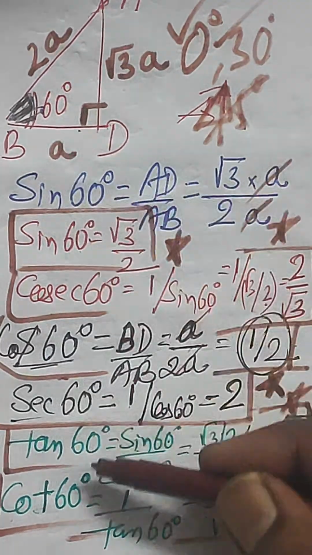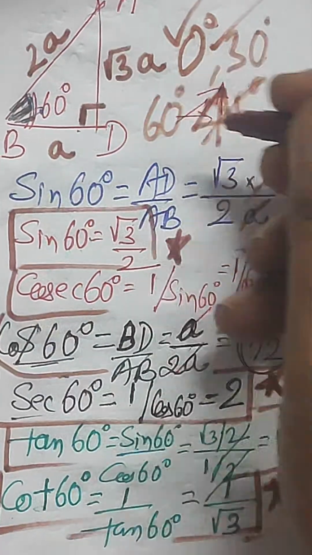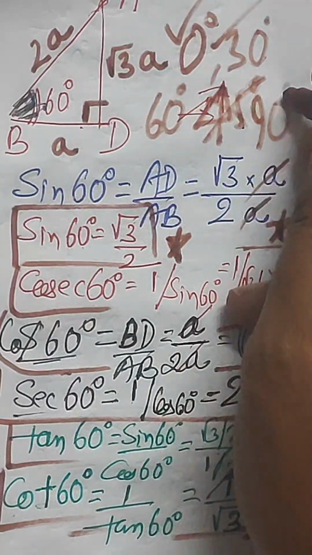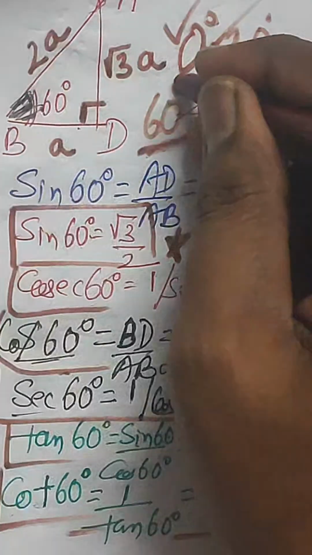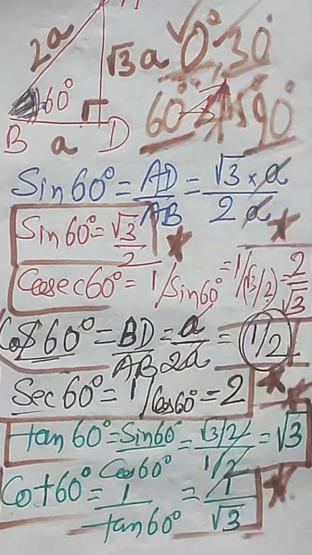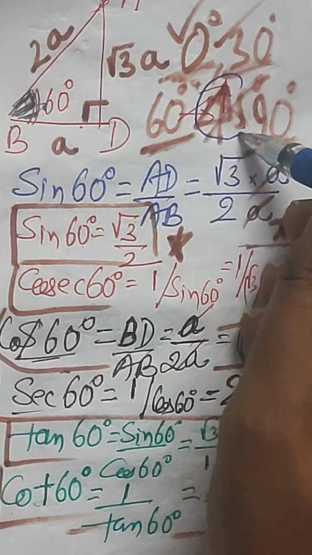So we have seen how all the trigonometrical ratios for these angles are derived. The only one left is 45 degree.